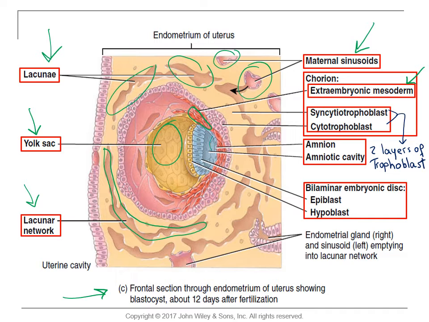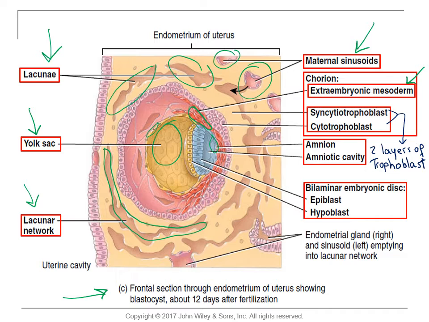Here we have the amnion, here the yolk sac, and here the mesenchyme. Soon a number of large cavities develop in the extraembryonic mesoderm, which then fuse together to form a single larger cavity called the extraembryonic coelom.